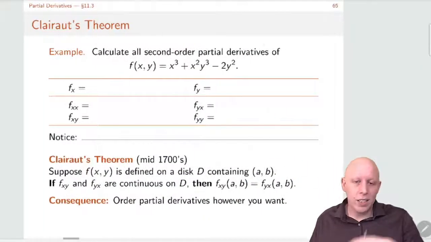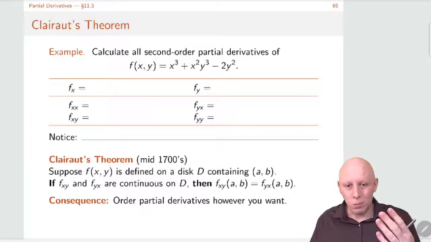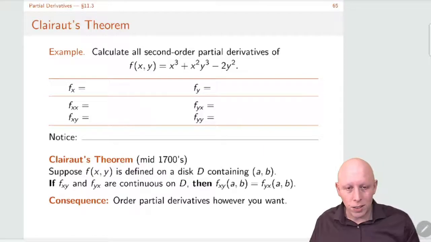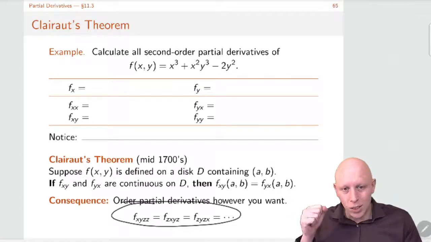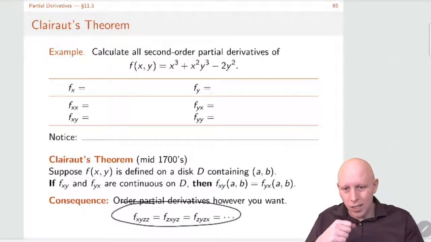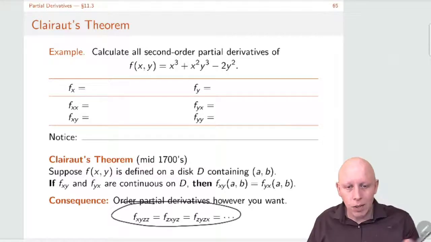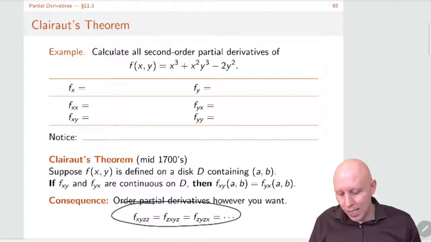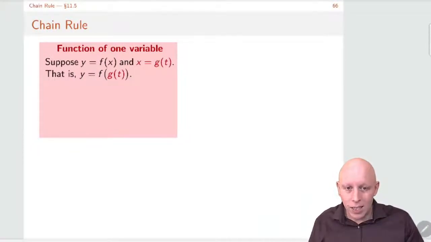So when we're in these nice cases, like polynomials, or functions that are continuous all the way down, then you can order derivatives however you want. You could take x and then y and then z, or you could take z and then x and then y. You can just take your partial derivatives however you want. That makes your life as easy as possible. All right, let's stop there. The next thing up is the chain rule.